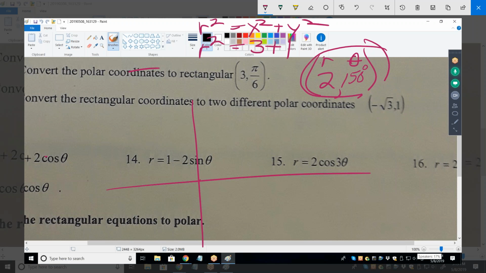First of all, let me start with a real simple example. 45 degrees and 1. Okay? This point right there would have polar coordinates of 1, 45 degrees.